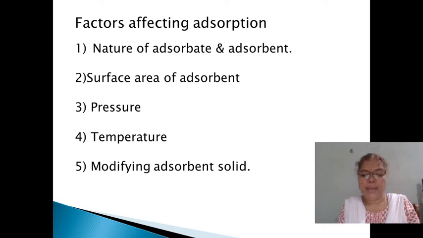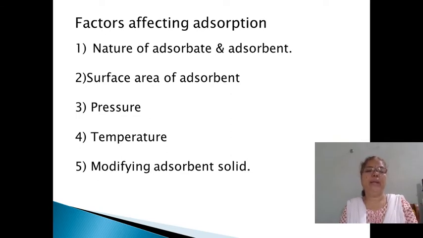Here the adsorption increases with increase in pressure in case of adsorption of gas on solids, and in case of solutions the concentration plays an important role. That means as concentration increases, the rate of adsorption also increases.